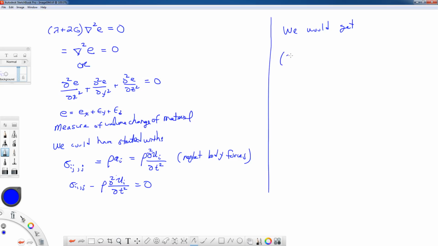And we could get lambda plus g times the partial derivative of the trace with respect to xi, plus g del squared ui, minus rho second partial of ui with respect to time, equal to 0. Now i is a free index. That's actually 3 equations.